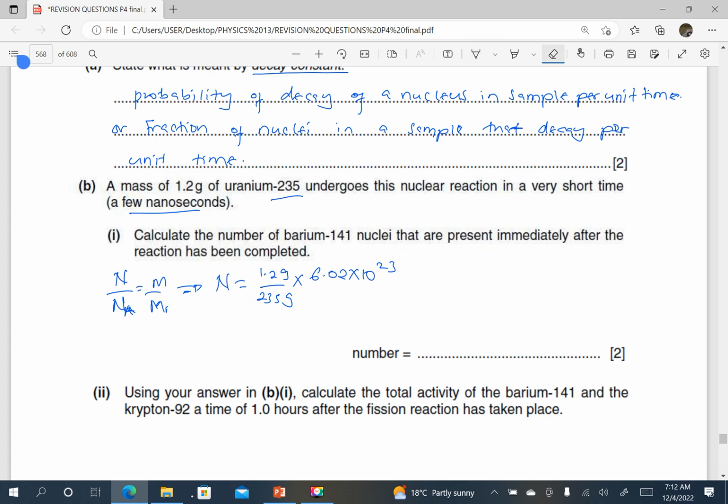So what is N? This is giving me 3.1 times 10 power 21.